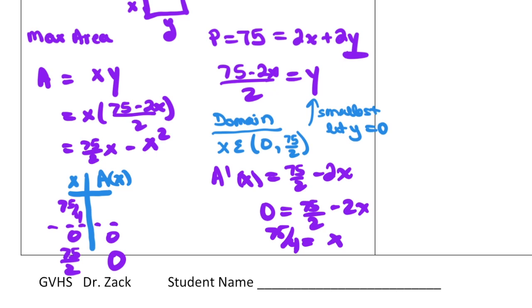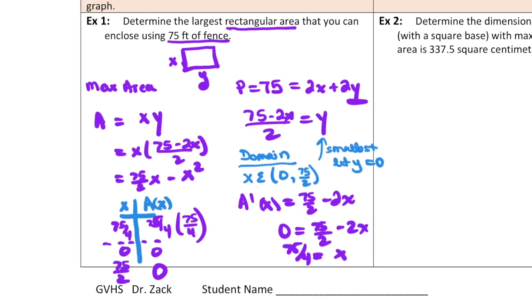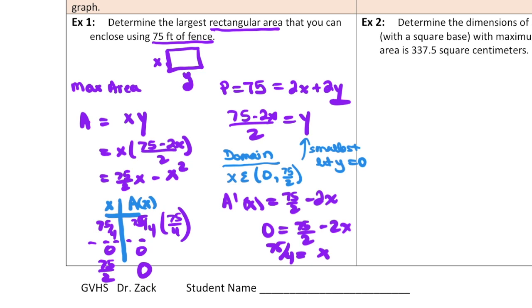And then for 75 over 4, do your substitution. I use the factored form because the factored form is a little bit easier to deal with. So we have 75 over 4 times 75 over 4. Once again, it turned out to be 75 over 4 squared. Do not depend on that to always occur.